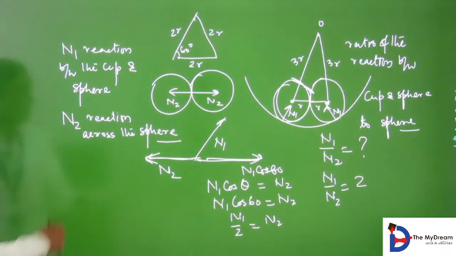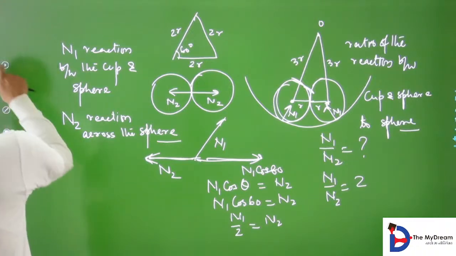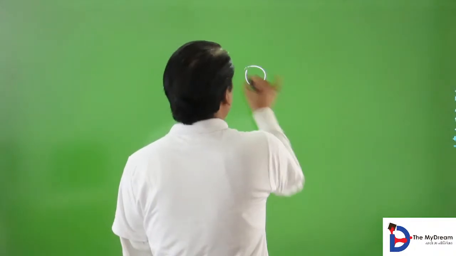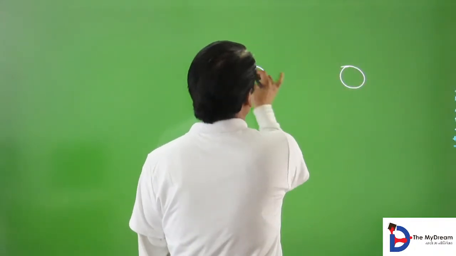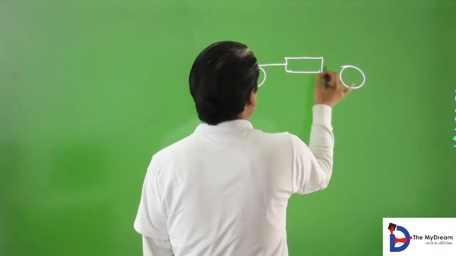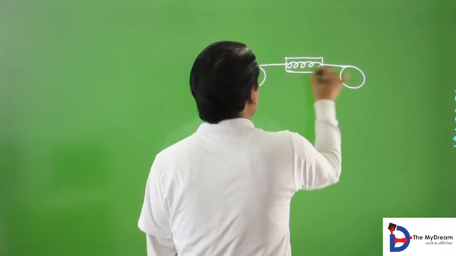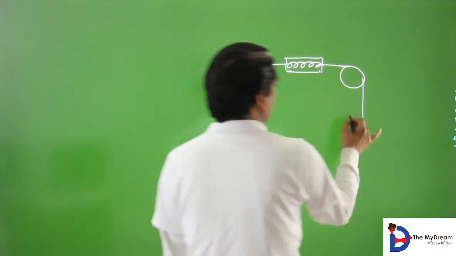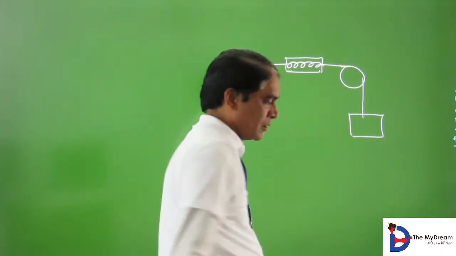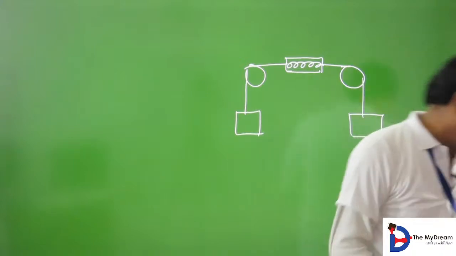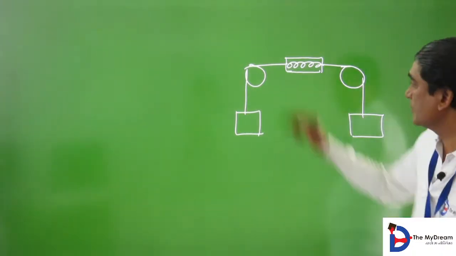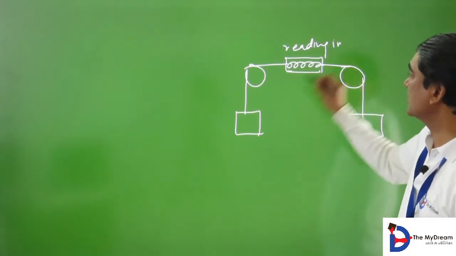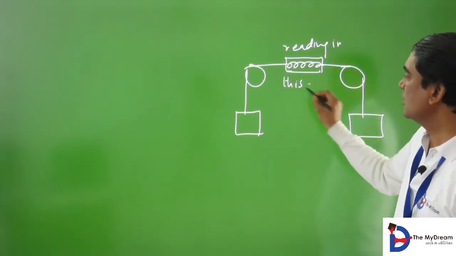The next question is, if there is the presence of a spring which is connected like this, and there are two blocks, and you want to know the reading in this spring balance.